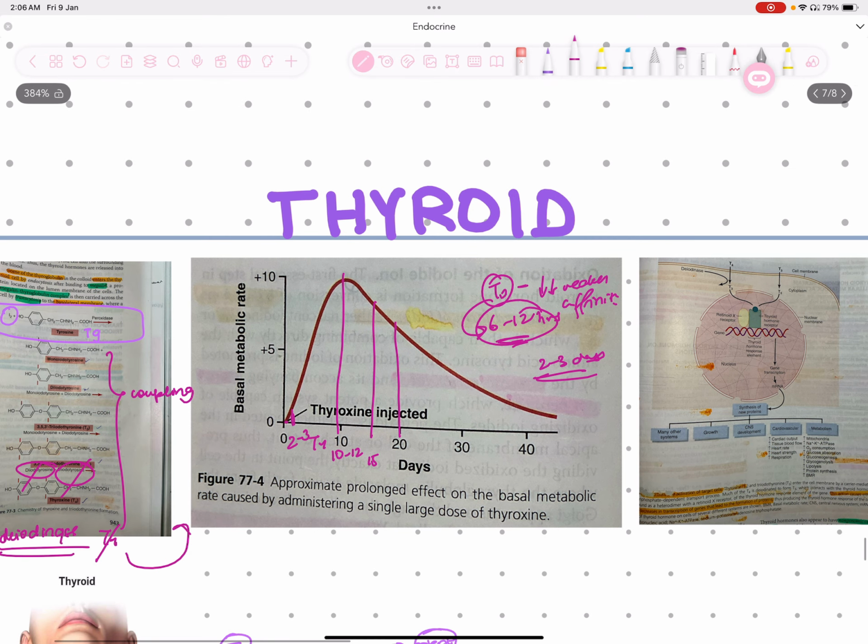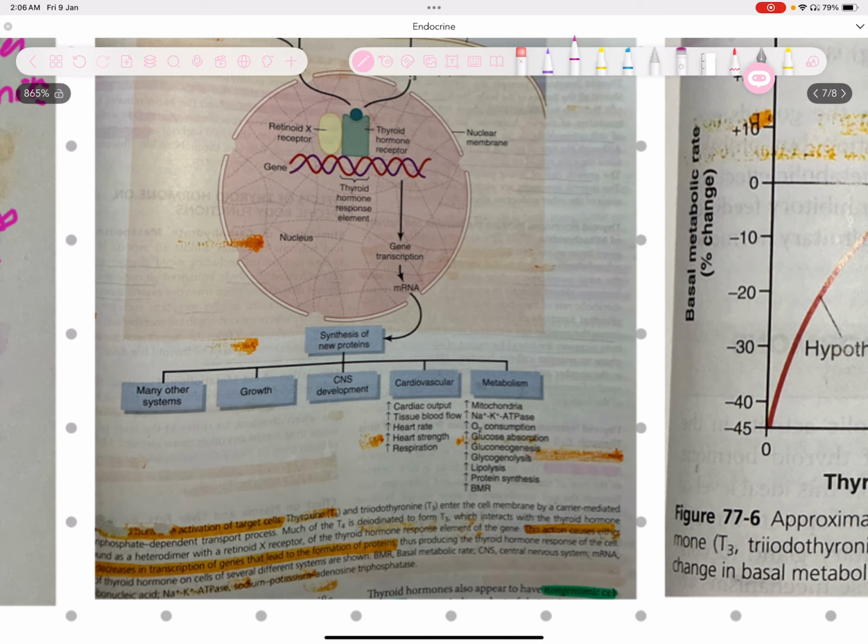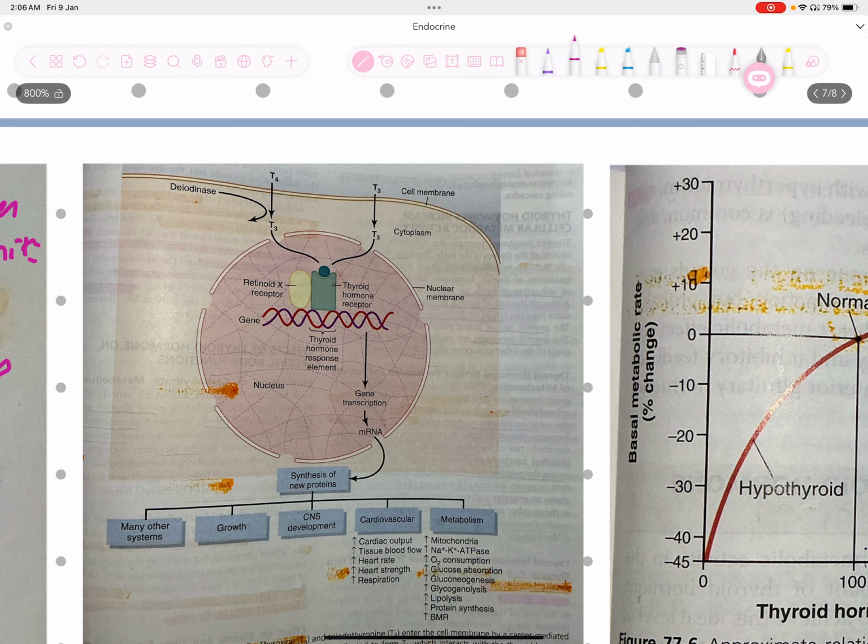Now, when you talk about the physiological functions of the thyroid hormones, what is the cellular mechanism of action of thyroid hormone? For that, it's important to refer to this diagram. Generally, once the thyroid hormones enter the cell, they go into the nucleus because their receptors are right inside the nucleus, and they bind to the receptor and cause changes in the transcription.